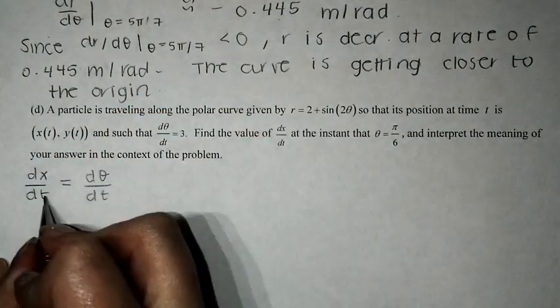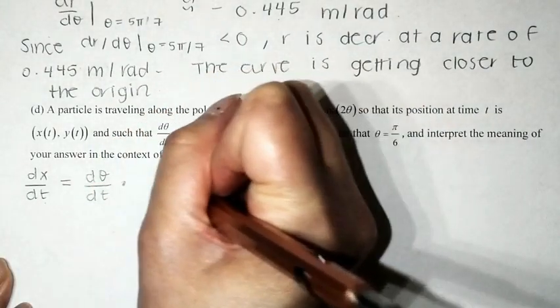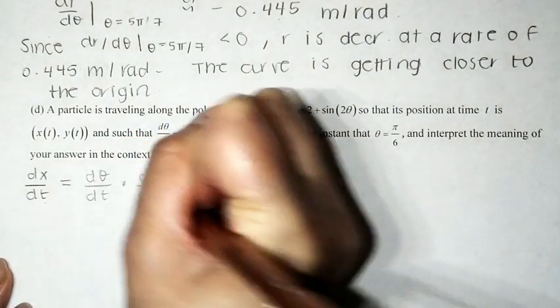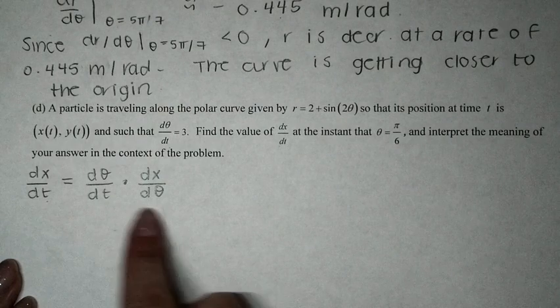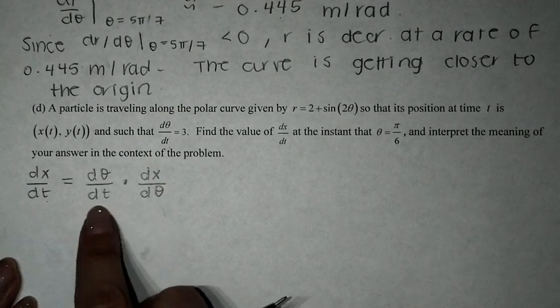I already have the dt here in the correct position, so how can I make it equal? Force it. The way that we can force it is dx/dθ. Are we okay with that? So this is your related rates situation. Very beautiful.